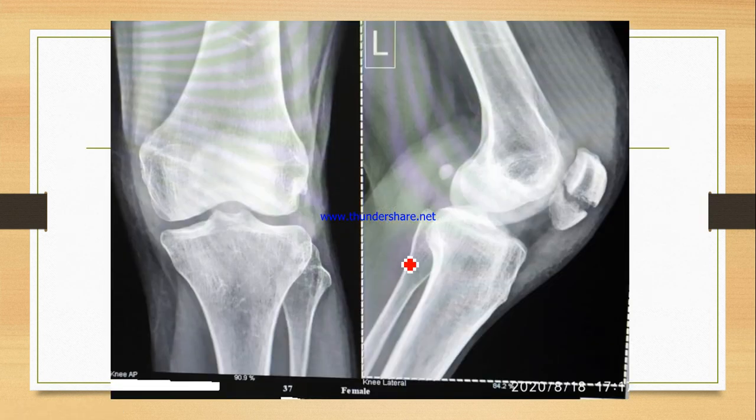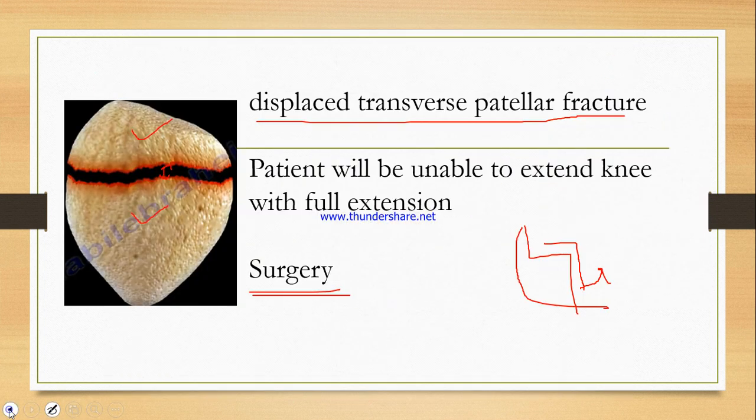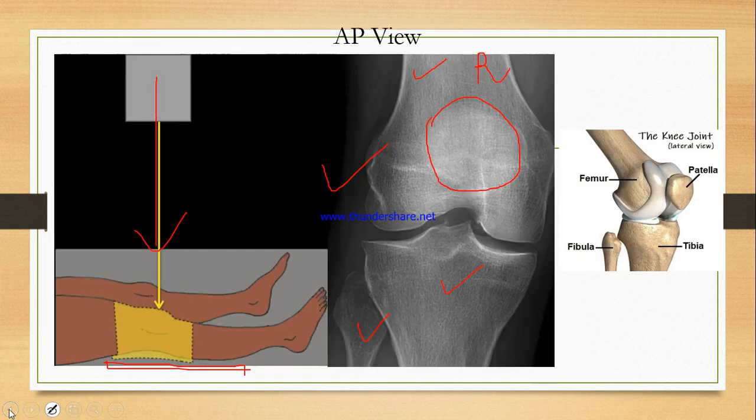Now this is the particular case. This is a 37 year old female. I think she fell down from the staircase. You see, this is the AP view we have already seen. This is your femur, this is the tibia, and this is the fibula.